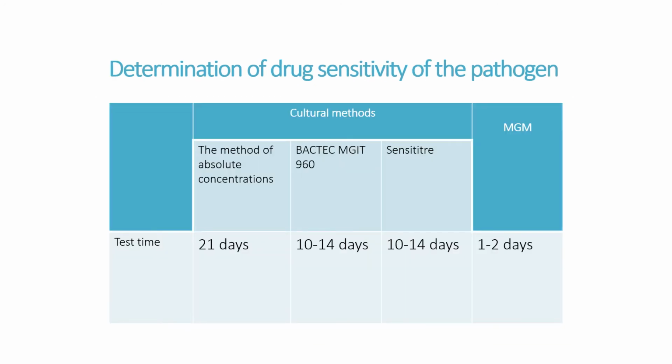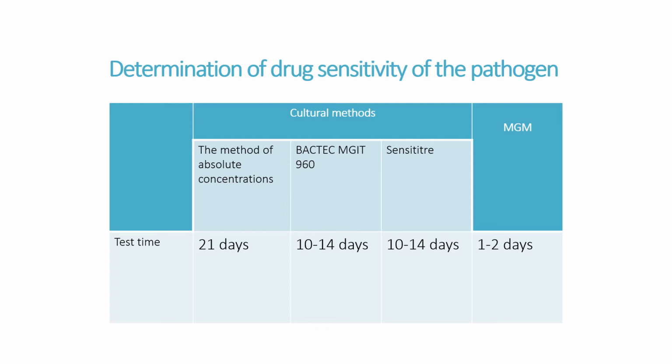On this table you can see the test time for some methods of determination of drug sensitivity of the pathogen. For the method of absolute concentration, test time is 21 days. For Bactec MGIT, 10-40 days.